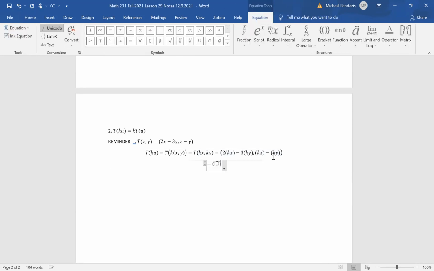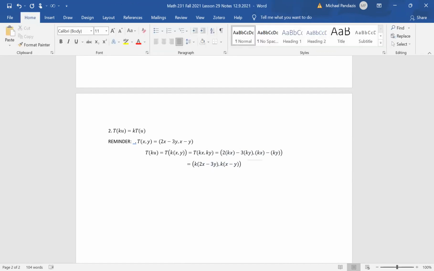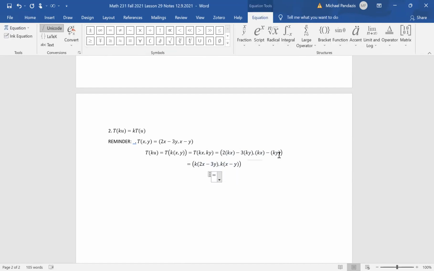And this is equal to the ordered pair where we want to factor out the k. So you can think of this as k times 2x minus 3y, comma, k times x minus y. Okay, so just factored out the k in the first and second coordinate. And now I can move that k out. This is k times 2x minus 3y, comma, x minus y.